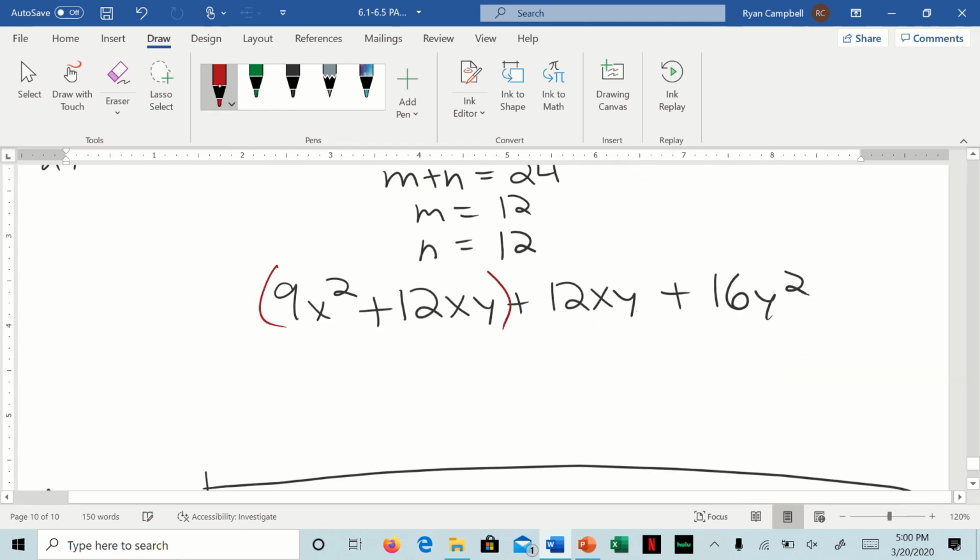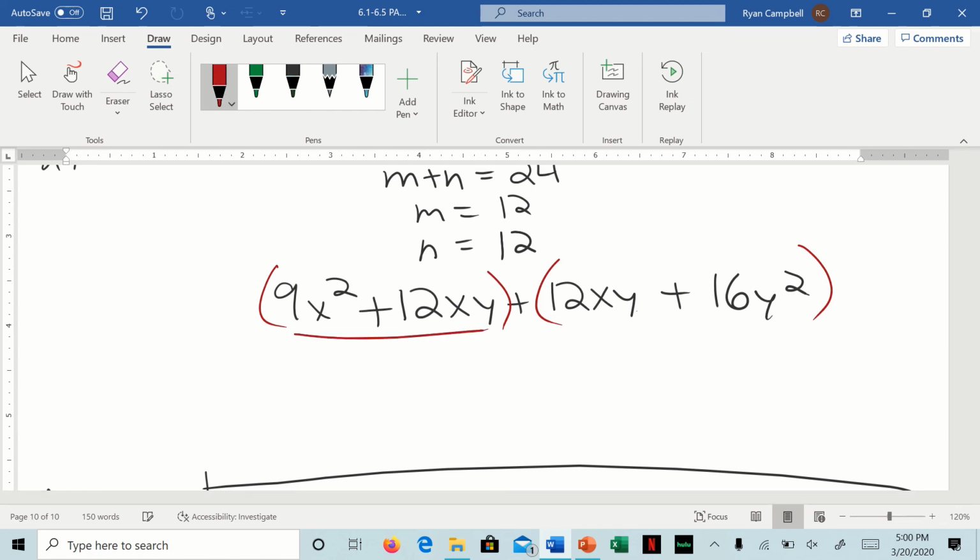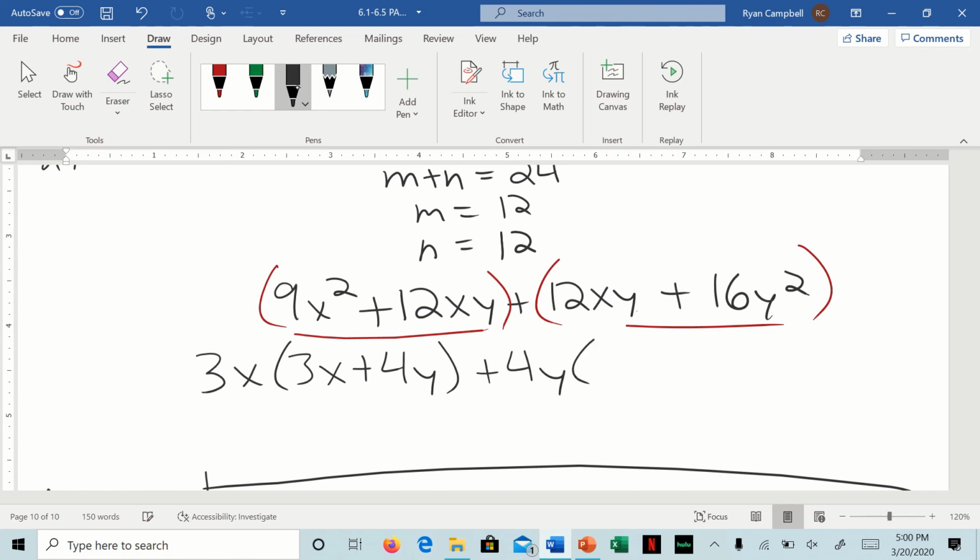So we group them up. We don't have any negatives, so that makes things easy on us. So first term, we can take out a 3x. We're left with 3x plus 4y. Second term, we can take out a 4y. We're left with 3x plus 4y.